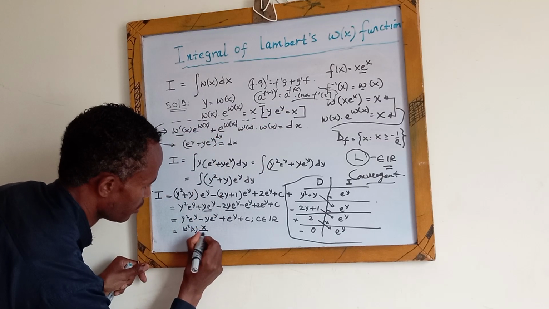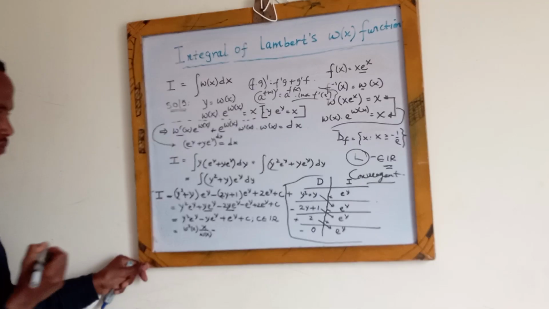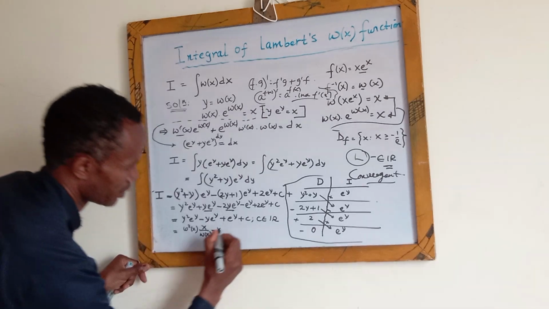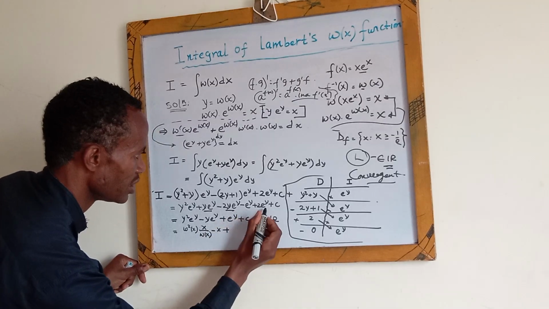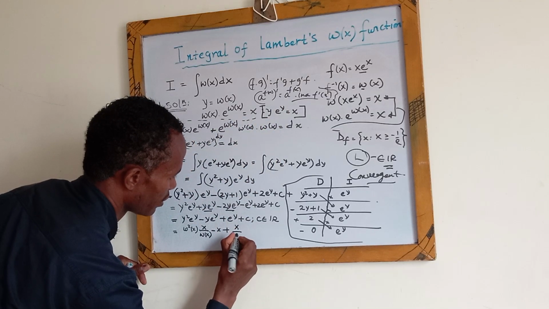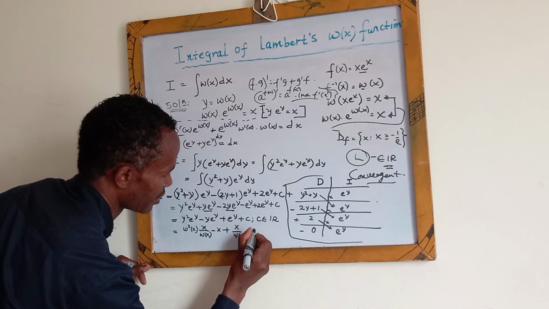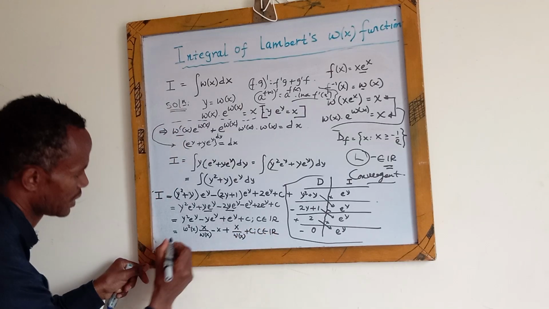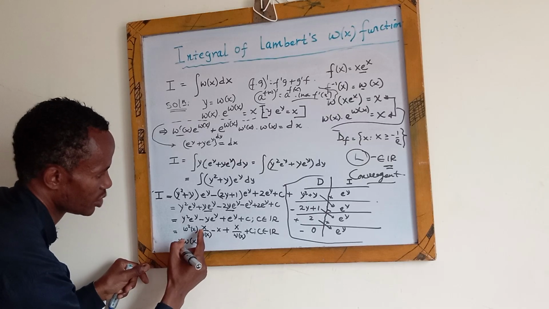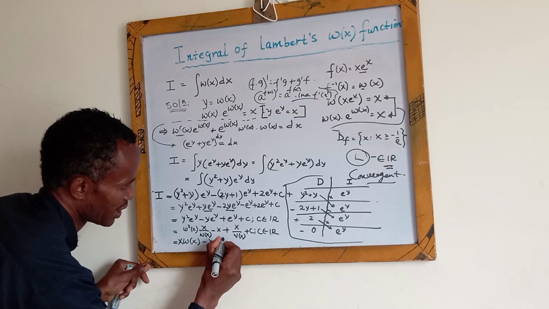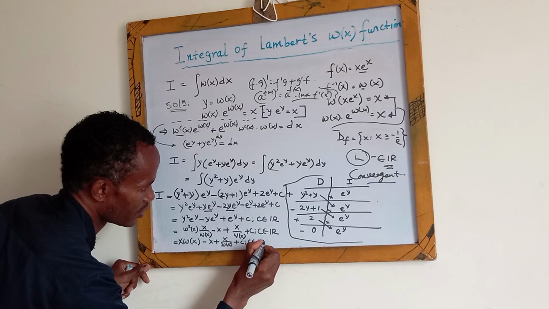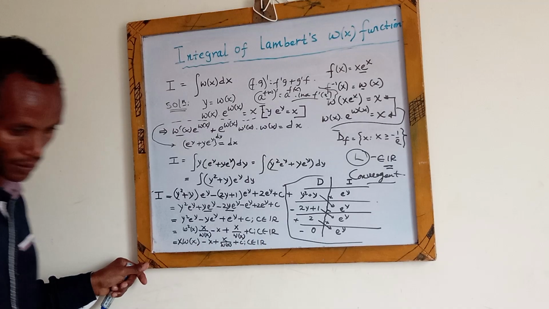So y e^y is x, and e^y means x over W of x, plus c, where c is an element of the set of real numbers. This is nothing but W of x times x. So this is x W(x) minus x plus x over W(x) plus c, where c is an element of the set of real numbers.